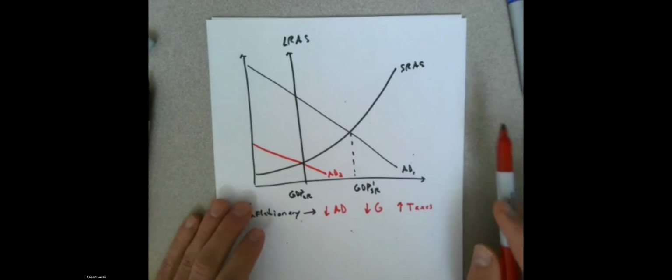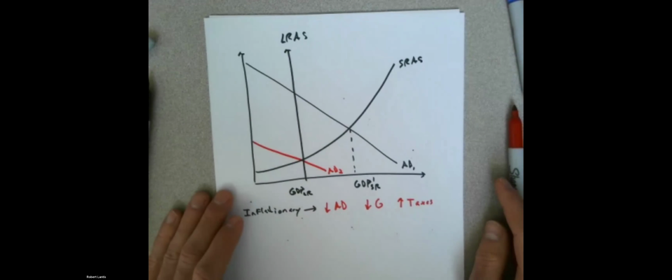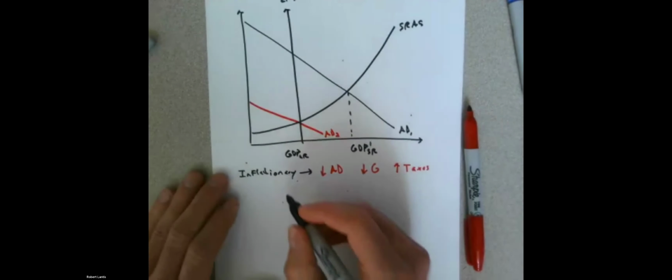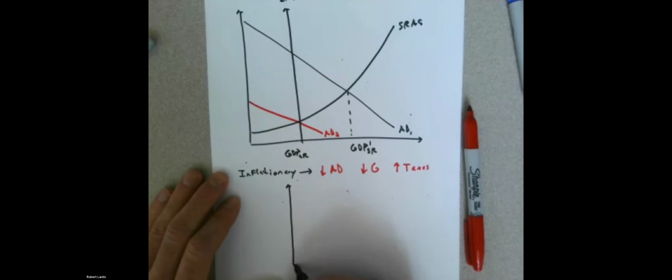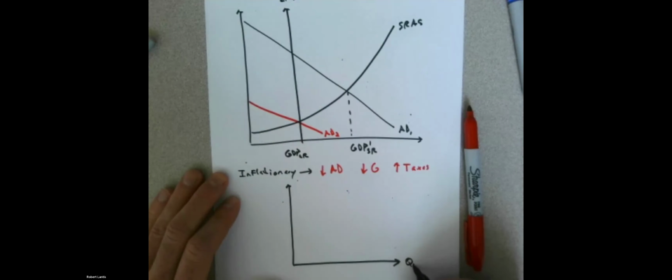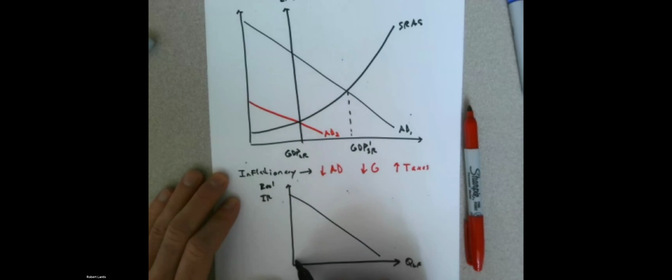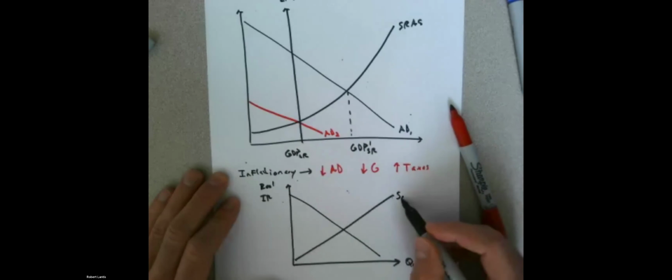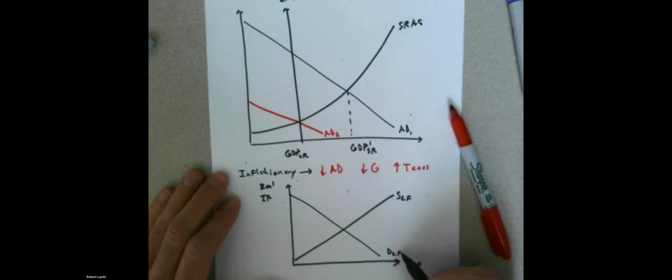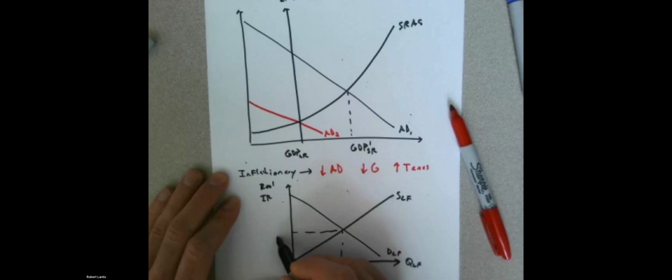Okay. This is ideal. The problem is that was the first effect, but it has a secondary effect, the crowding out effect, which is it also will impact our loanable funds market.